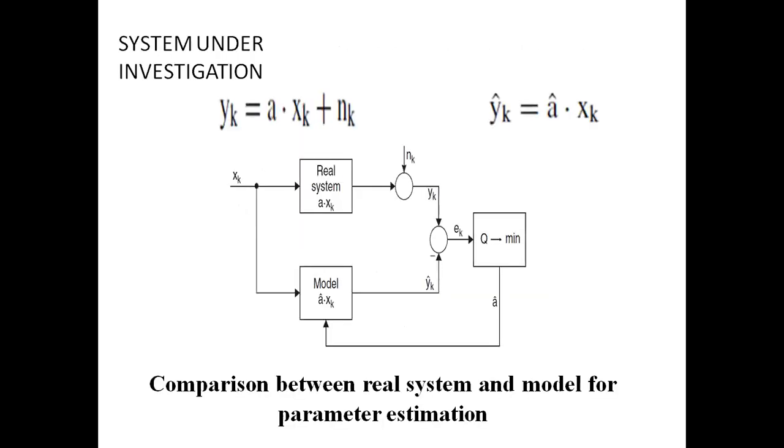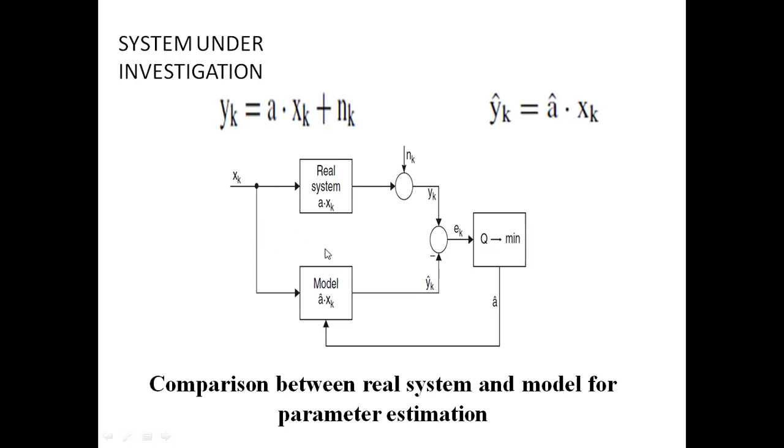When you have a system under investigation, we have the real system, which is multiplied, and we use a summer here. In that summer, the output yk is equivalent to the product of a and xk, plus the noise nk.